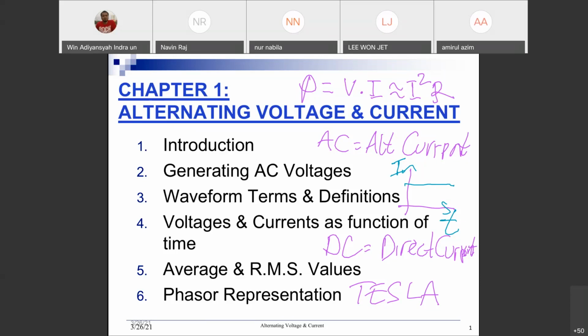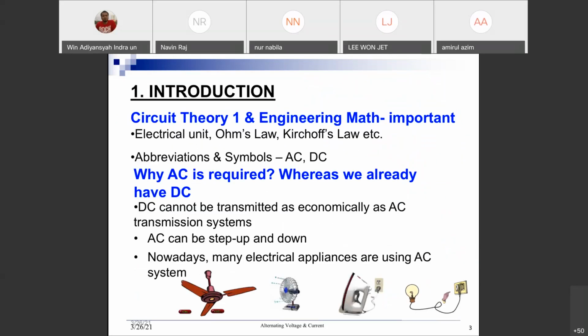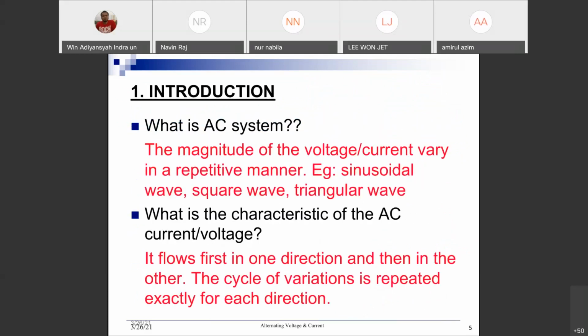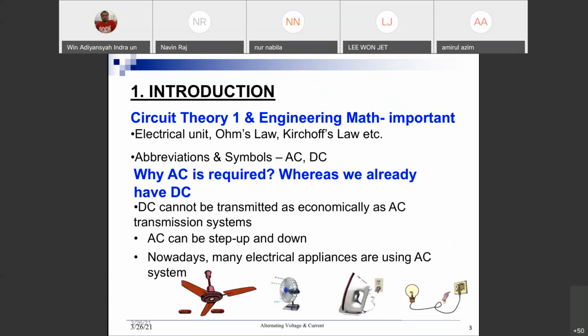I'll just go through this one. This is the circuit theory, electrical units, Ohm's law, Kirchhoff's law.